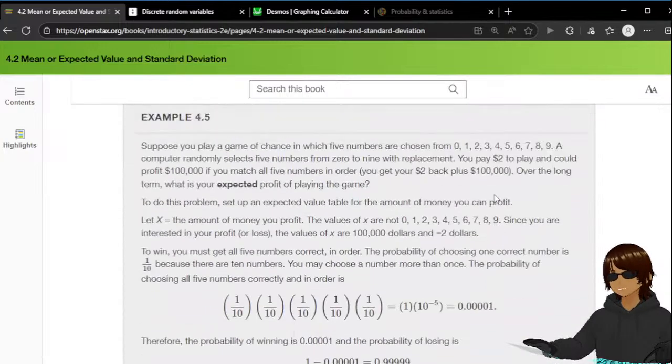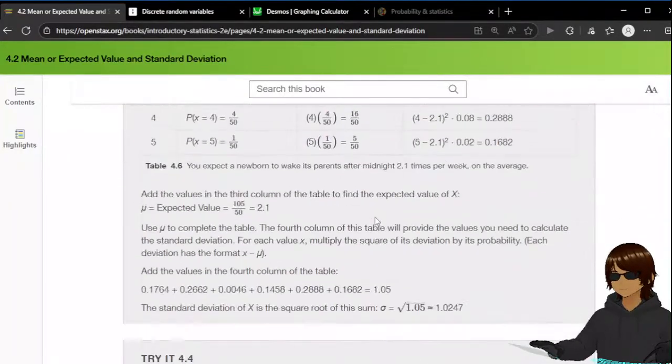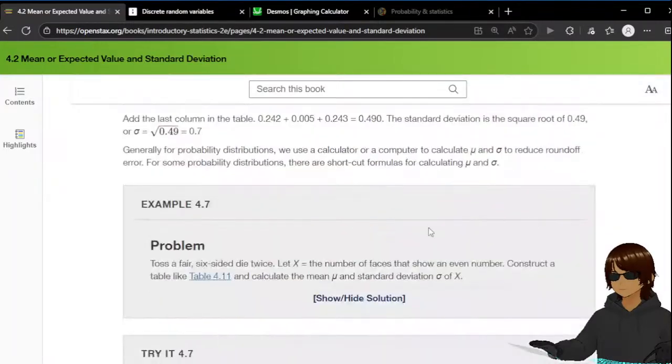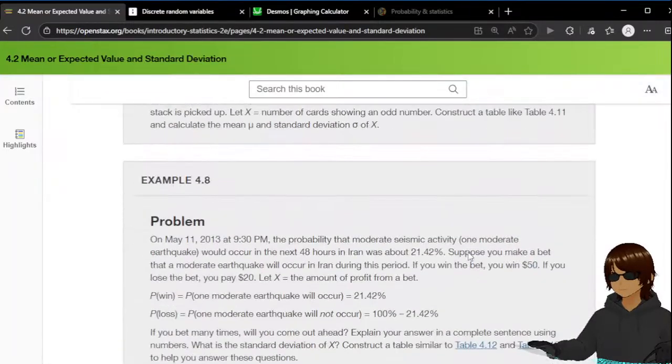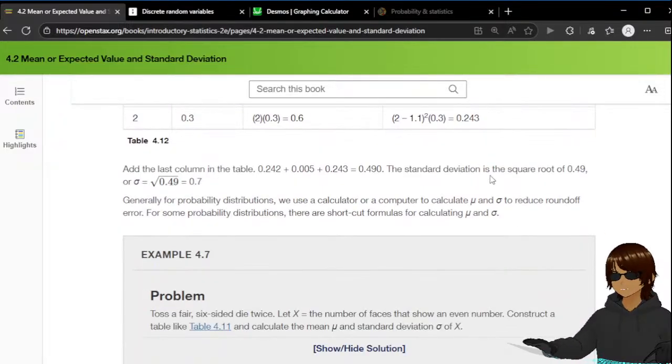And then we add them and take the square root, right? That's the standard deviation. Yeah. Standard deviation is the square root of 0.49, which is 0.7.